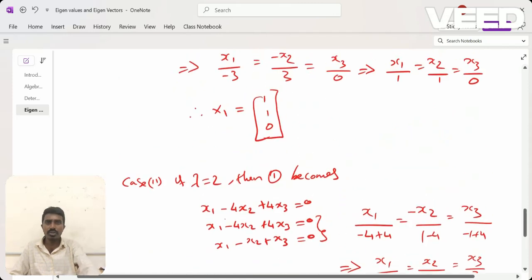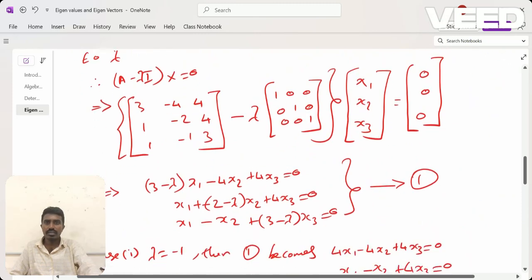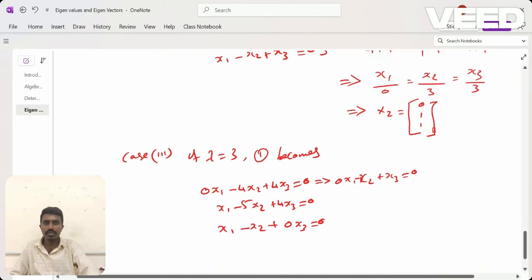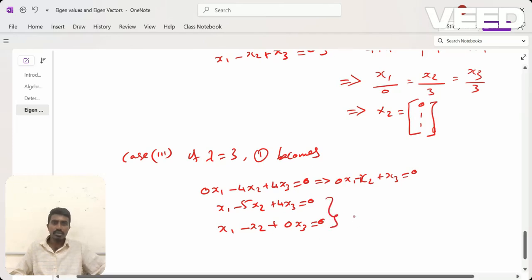Similarly, if you substitute lambda equal to 3 in this system, then you get this equation. Here also, if you consider the first two equations or the last two equations, then you get the x3 vector. So here also all three equations are distinct.